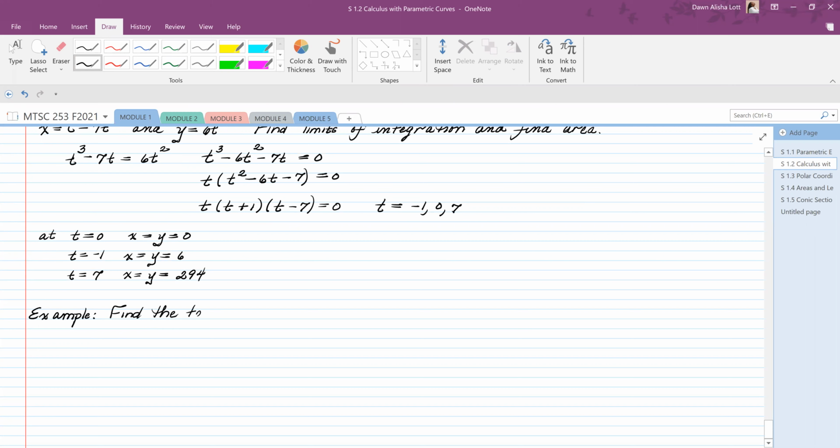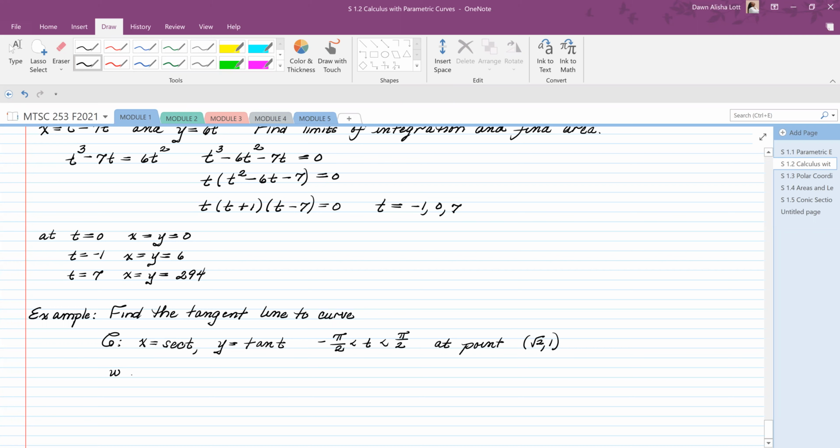Find the tangent line to the curve C, where x is equal to the secant of t, y is equal to the tangent of t, and minus pi over 2 is less than t is less than pi over 2, at the point square root of 2, 1, which is where t is actually equal to pi over 4.